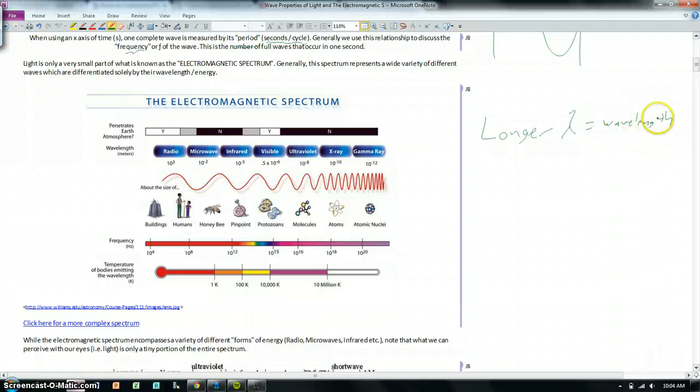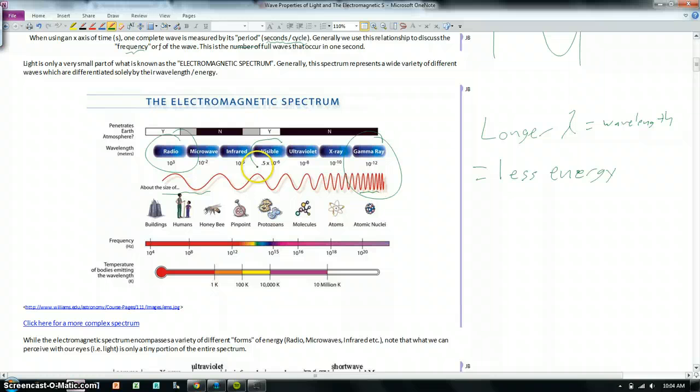We call that lambda. So lambda equals wavelength, but a longer wavelength equals less energy. So shorter wavelengths or higher frequencies create more energy. So things like gamma rays have a lot more energy because they have much shorter wavelengths than things like radio waves, which have much longer wavelengths.